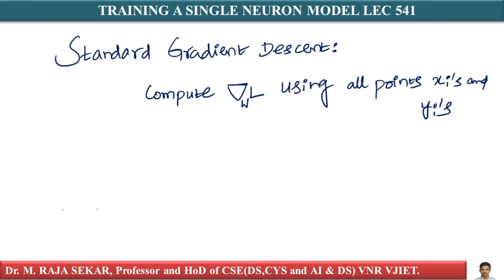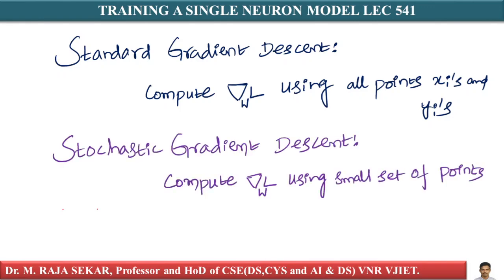In the case of SGD, I will approximate this gradient by taking one point Xi and Yi, or a small set or small batch of points. This is called batch SGD because we are using a bunch of points to compute this derivative.